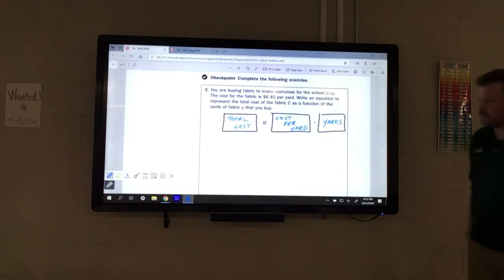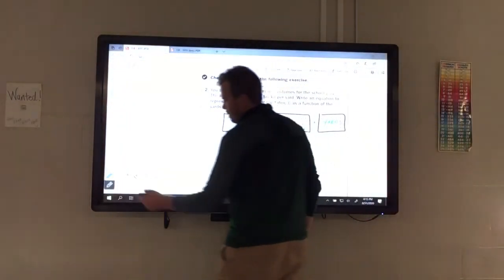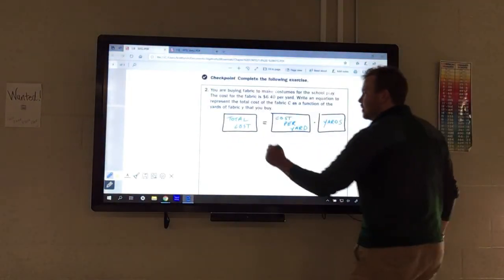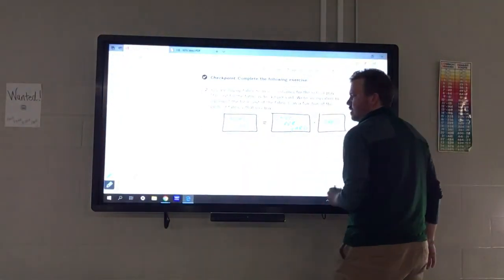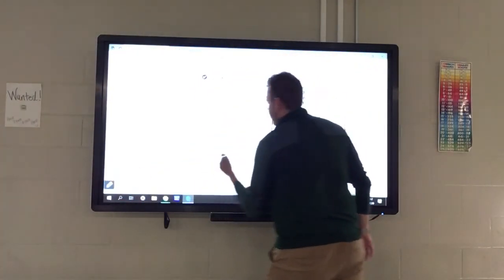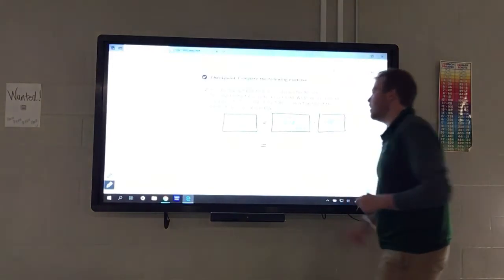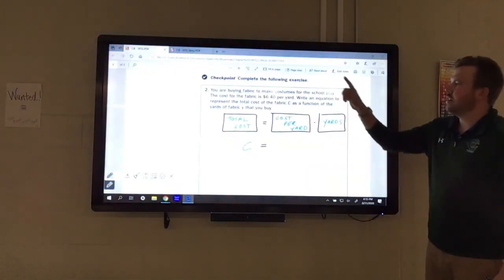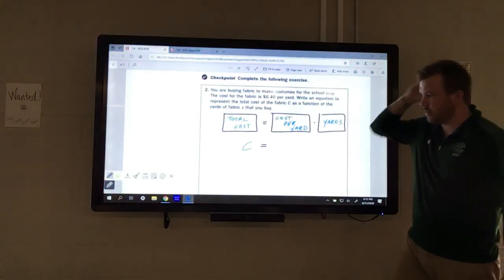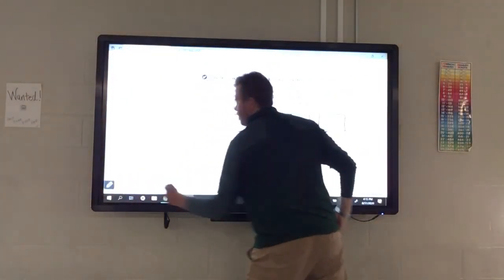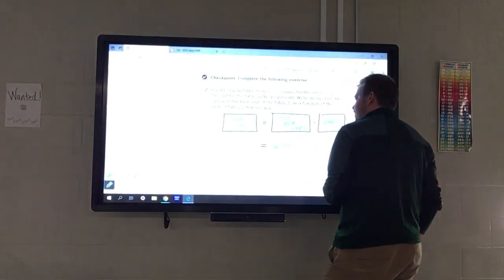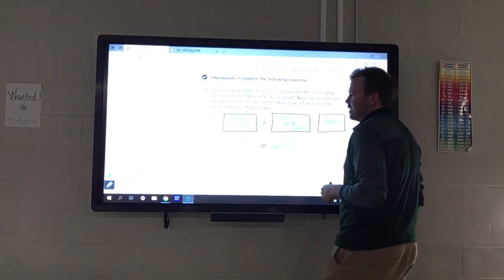So let's assign some labels here. My total cost, we're going to use C because that's what they told us to use, is equal to the cost per yard. Now it tells me right here the cost of the fabric is $6.40 per yard. So $6.40 per yard times the amount of yards that we buy.